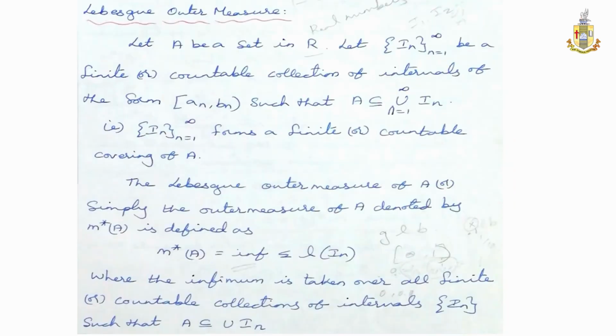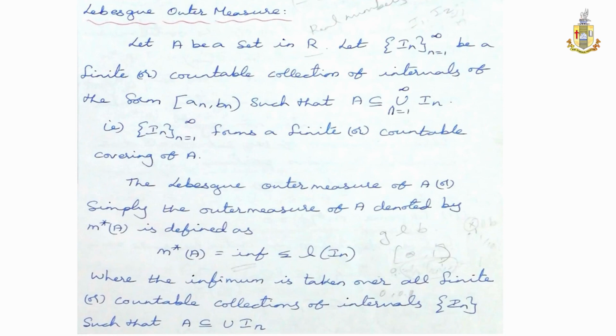So, moving into the definition of Lebesgue outer measure, let A be a set in R and let In be a finite or countable collection of intervals of the form closed [an, bn] such that A is contained in or equal to the union of In, where n varies from 1 to infinity.